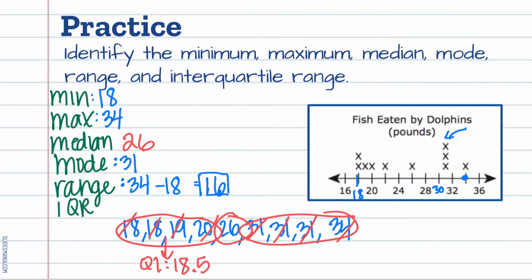And the value of my third quartile, well, there is no number between 31 and 31, so my third quartile is just a value of 31. So when I subtract 31 by 18.5 to find my interquartile range, I can borrow from the 3 to get a value of 2.